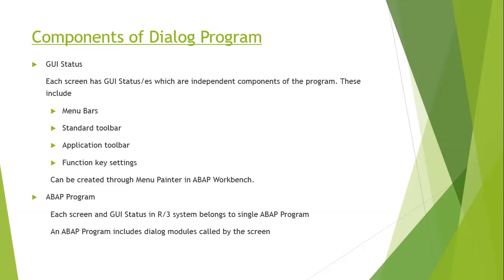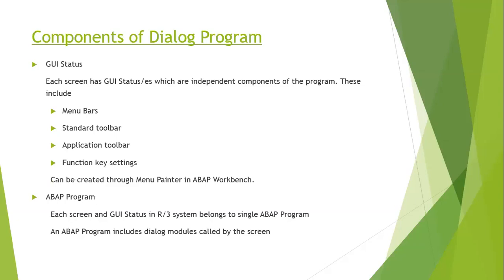This is like any other standard program. If you see a standard transaction code, in that also you have all these components, GUI status, right? So if you are creating a custom transaction code or custom dialog program, for that also you need to give a GUI status: a menu bar, standard toolbar, and application toolbar.